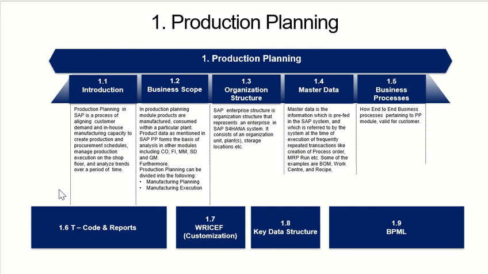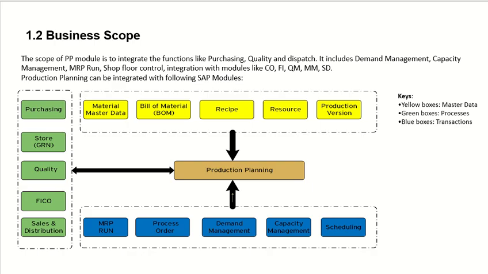Next, let's go to the business scope. What comes under production planning? If you see, the yellow boxes are the master data used in SAP PP, the green boxes are the processes, and the blue boxes are the transactions. The master data are material master, BOM, recipe, resource, and production version.